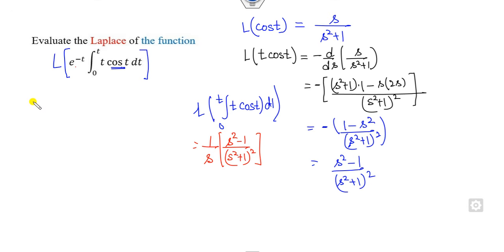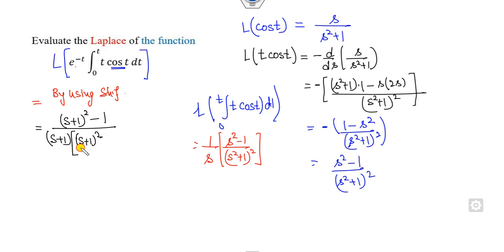Now the exponential term is present, so by using the shifting first theorem, I have to replace s with s plus 1. So it is s plus 1 whole square minus 1, divided by s plus 1, and this number will be s plus 1 whole square plus 1 whole square. That is the right answer of this problem.